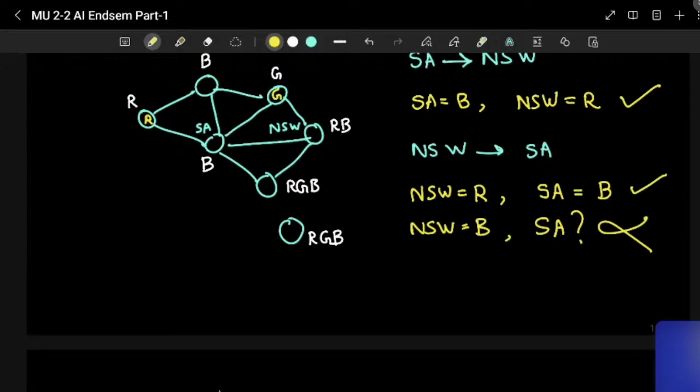There is a way to propagate the constraint. You have to check certain arcs.